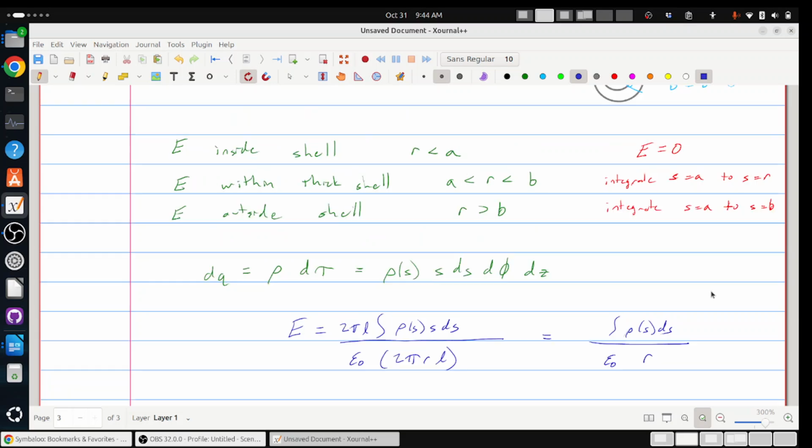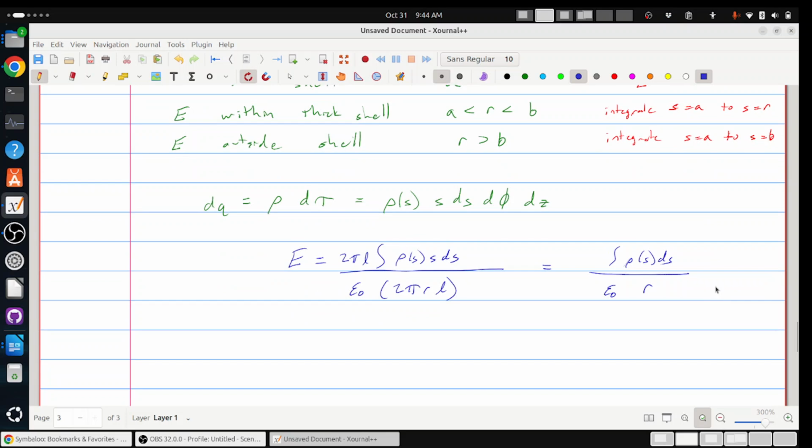But that integral up on the top might have boundaries from A to r, or it might have a boundary of A to B. And depending on the function there, you'd go ahead and find that amount.